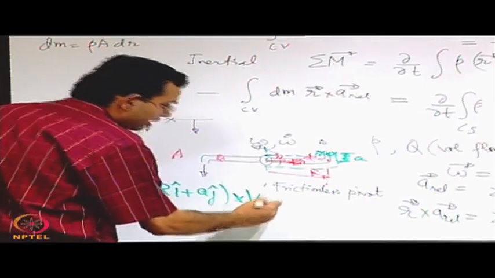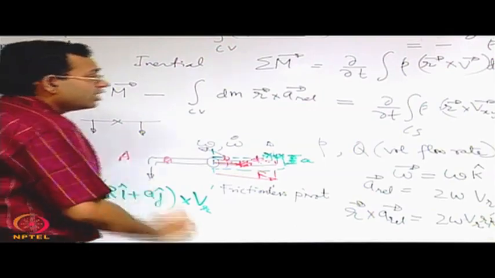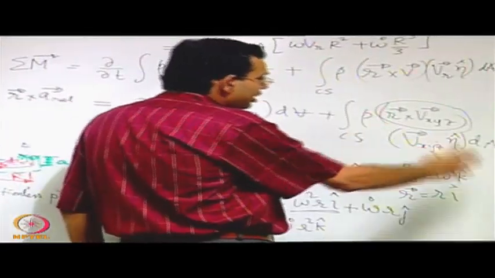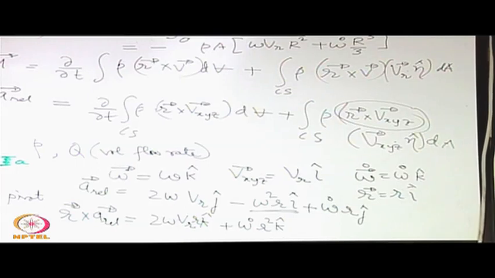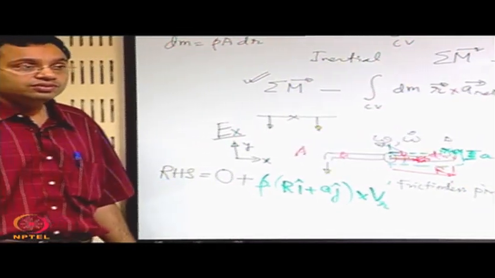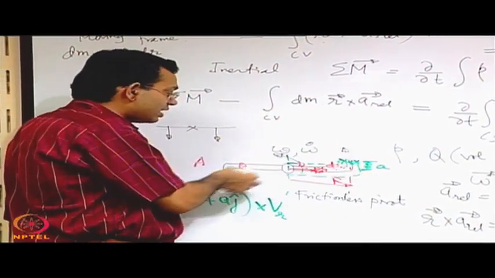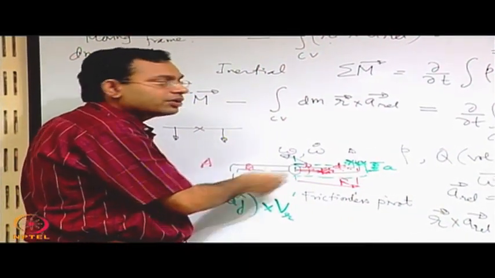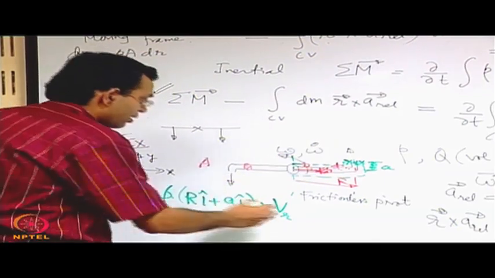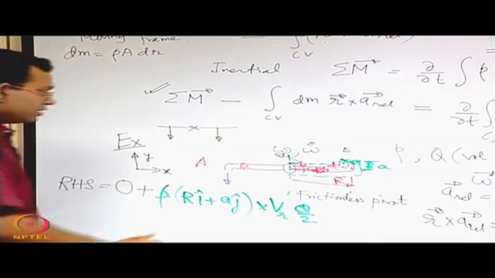So, if you assume it to be uniform over the area, we just take it out and that is V relative, and then rho is there, of course. The remaining thing in the integral is the volume flow rate over that section. So, what is the volume flow rate over that section? Yes, it is q by 2. See, we have only taken the half of this, half of the q flows through this, half of the q flows through the other, there is no exception because it is perfectly symmetrical. So, this into q by 2, that is the right hand side.